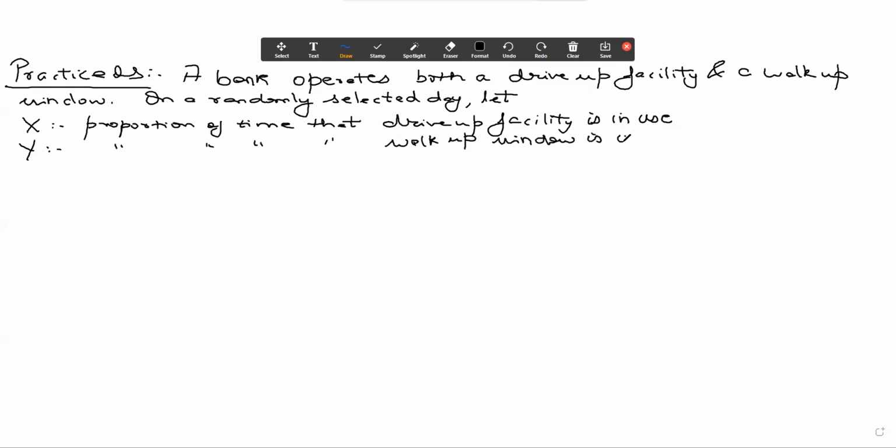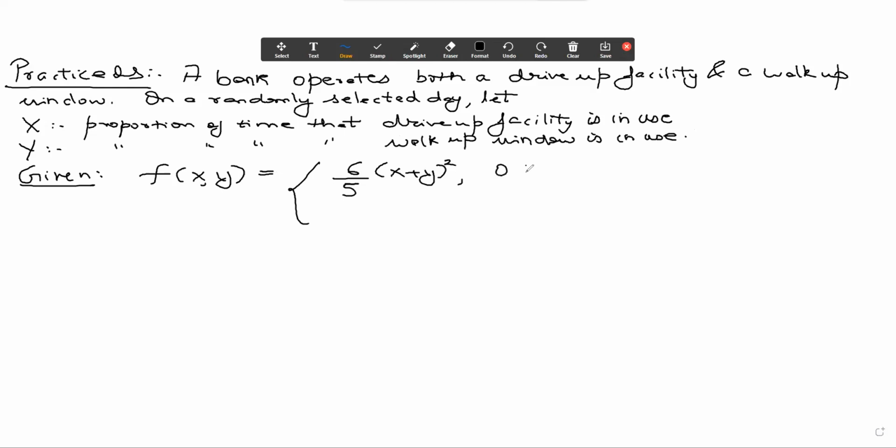We are given in the question the joint probability density function as 6 by 5 times x plus y square for x and y lying between 0 and 1, and 0 otherwise.